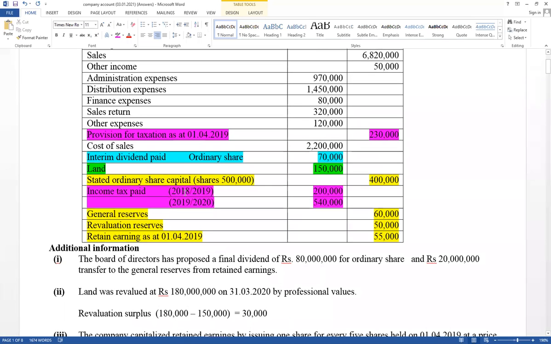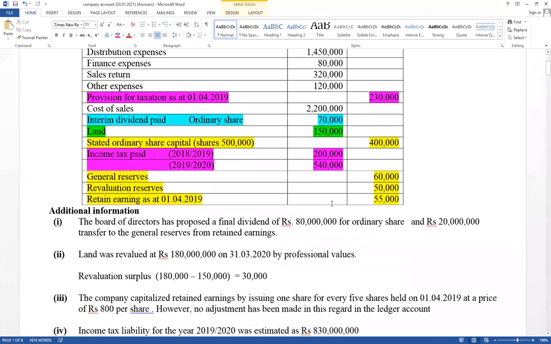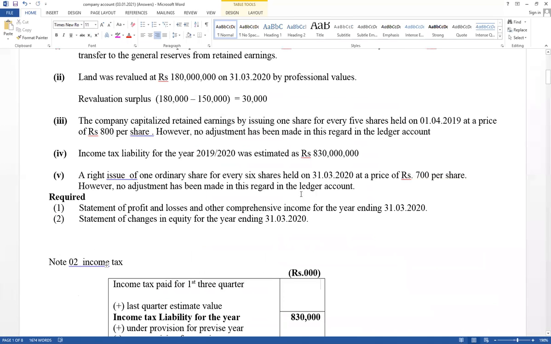There was a double entry, cash account credit, tax account debit. This is the first three quarter paid amount, 540,000. That value should be included here: 540 million, values in thousand, 540,000.